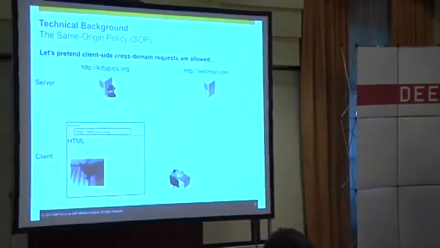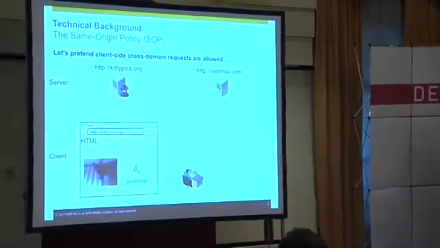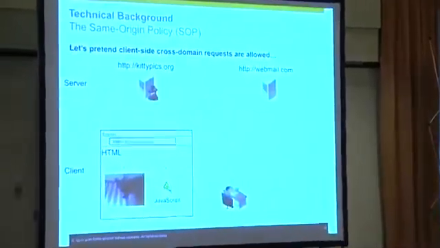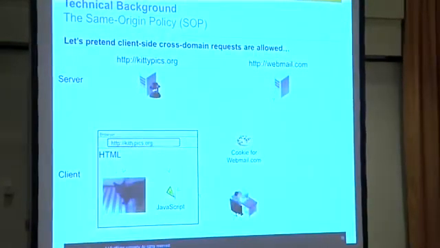But if we did not have the same origin policy, kittypics.org could do the following. It could load a JavaScript, and the JavaScript could start initiating HTTP requests towards webmail.com. And as the browser automatically attaches all the authentication stuff to the requests, the requests towards webmail.com would be authenticated, and hence the JavaScript from kittypics.org could read the email at webmail.com or could trigger state-changing actions.